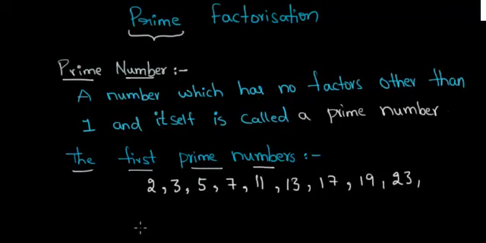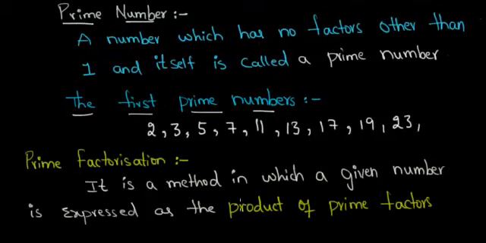If we take 6, 6 can be written as 2 times 3. That means 6 is expressed as a product of its factors 2 and 3. Prime factorization is a method in which we express a given number as a product of its prime numbers. And here we have the definition.